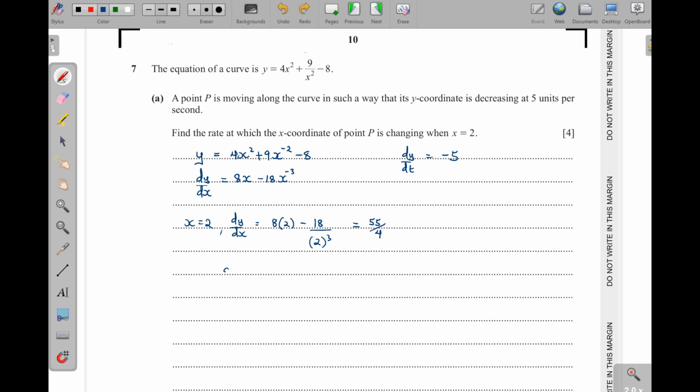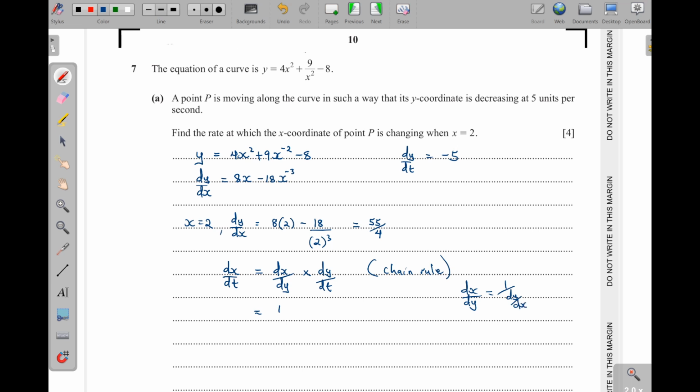So that is dx/dt, which is equal to dx/dy times dy/dt, because this one can cancel with this, then you remain with your dx/dt. So we do this under the chain rule. Using the chain rule, dx/dy is 1 over dy/dx.